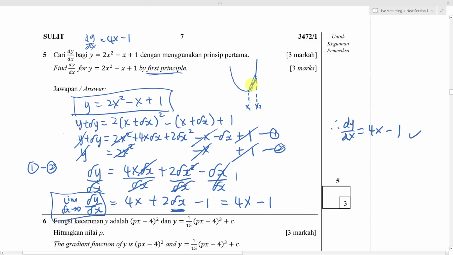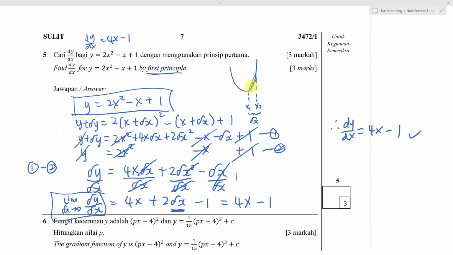The value between x1 and x2 over here, we call it change of x. So when it becomes closer and closer to 0, you get the gradient of the tangent at that point. So this is the purpose of finding the dy dx, and this is the reason why you want to change your delta x close to 0.